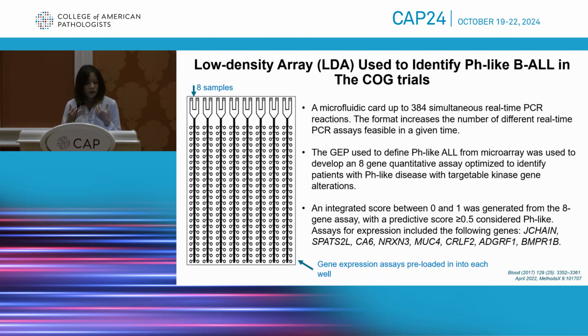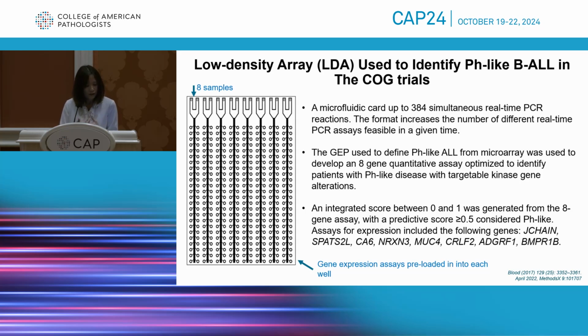In the first paper that recognized Philadelphia-like B-ALL, the data was through microarray. They looked at the gene expression profile derived from microarray. With that data, the COG group developed an 8-gene quantitative assay, and that's what they use for this microfluidic card.